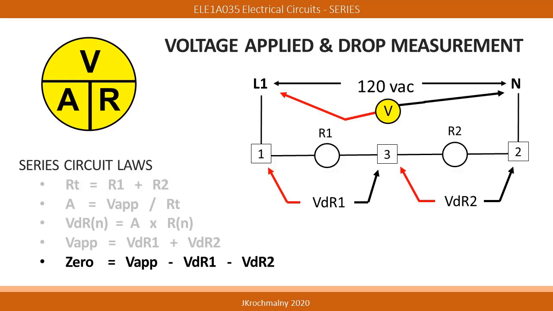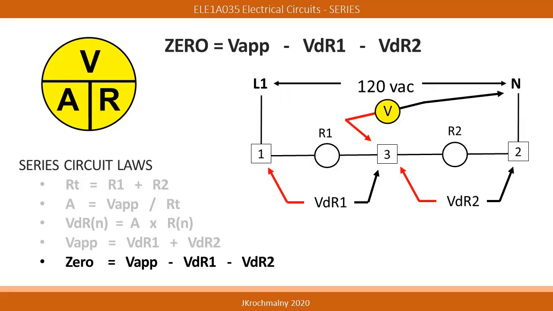In this slide, the meter is measuring the applied voltage of 120 volts AC existing between L1 and neutral. Notice that in this slide, the multimeter is measuring the voltage between terminals 3 and N. This measured voltage will be the voltage existing at terminal number 3, or the voltage applied minus the voltage drop across the first load.